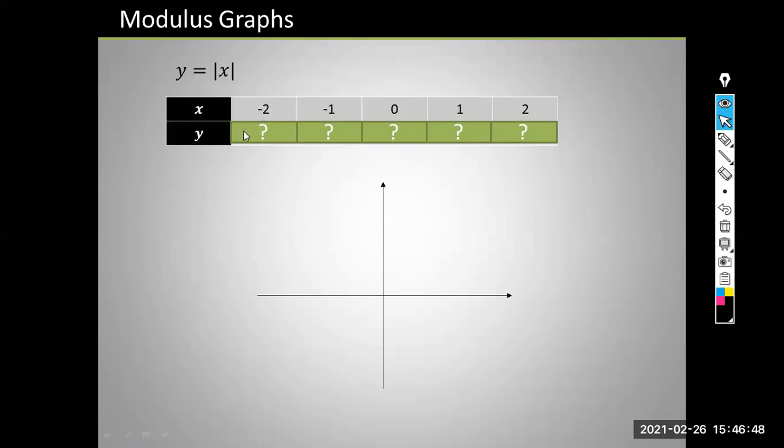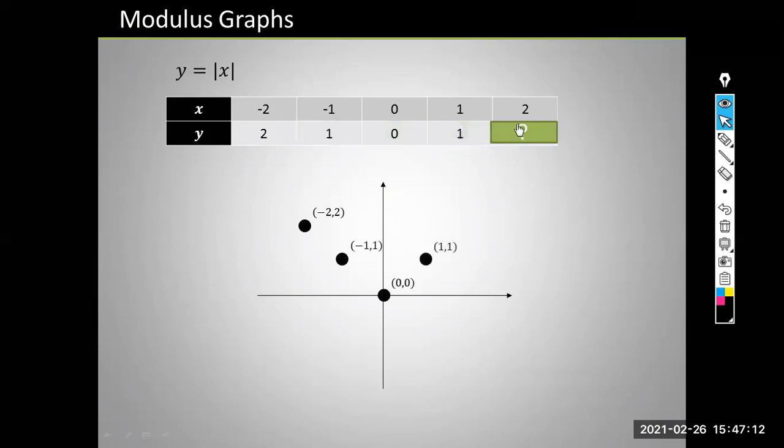So everything just becomes positive. Negative 2 becomes positive 2. So the point will be here, negative 2, 2. Then negative 1 will become positive 1. 0 will stay as 0. Positive 1 stays as positive 1. Positive 2 stays as positive 2.